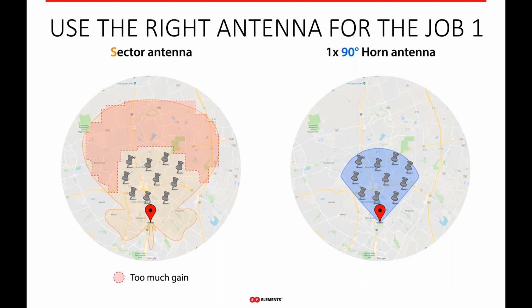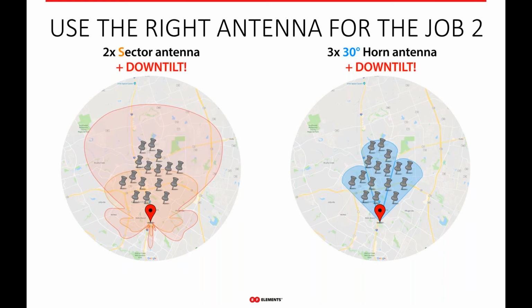So picking the right horn antenna based on the distance that your customers are from the tower is very important as well, because this will help you be more spectrally efficient, because you can use a wider, lower gain horn antenna and not pick up as much noise as you were with your traditional sector. So again, knowing where your customers are will really help in choosing the right horn antenna for a particular azimuth on your tower or for the whole tower planning that you have.